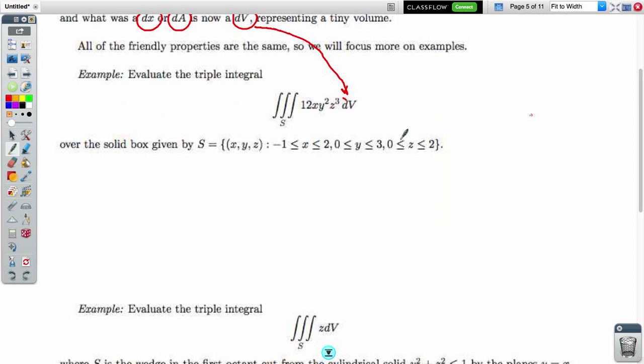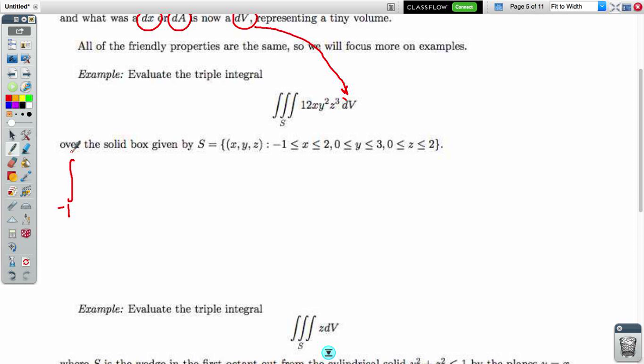Things are really particularly easy as long as you're on a nice rectangular prism sort of region or solid. So this is a triple integral over this solid box. x goes from -1 to 2, y goes from 0 to 3, and z goes from 0 to 2. It doesn't really matter, but I'm going to do it in exactly that order.